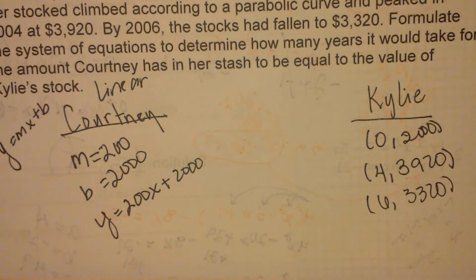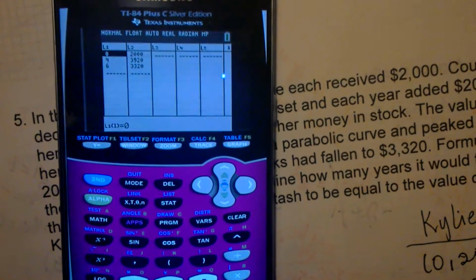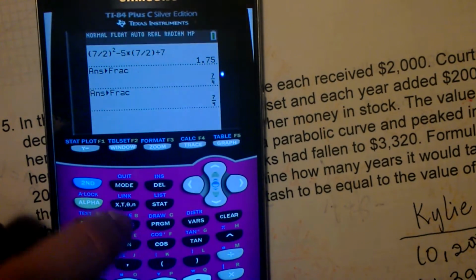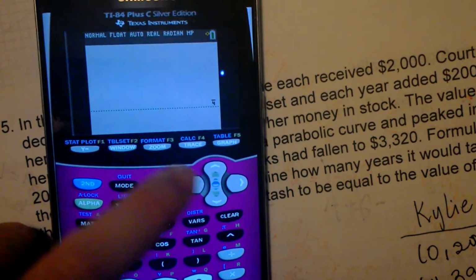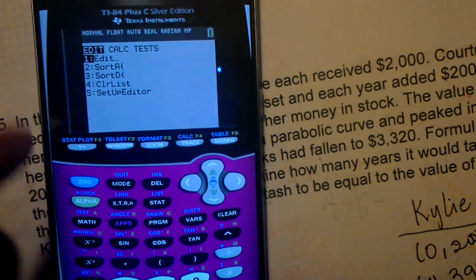I'm going to do the stat, edit and all that. So I'm going to put my data in L1 and L2. Let me clear. You start by pressing stat and you want edit.